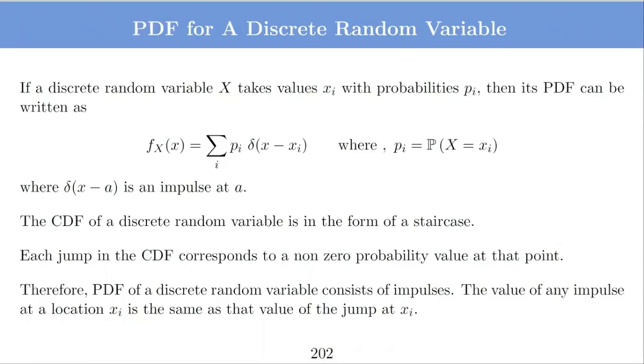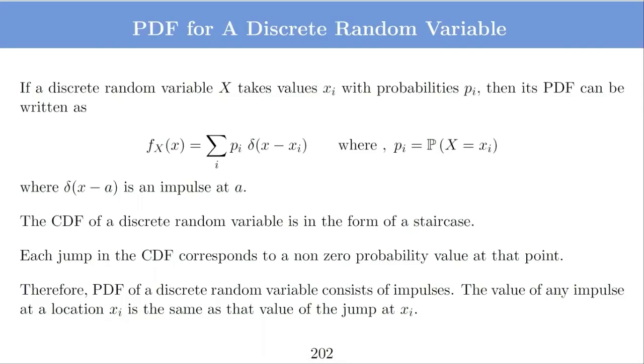And if you recall the definition of impulse, if you integrate an impulse over any interval which includes a, then the value would be 1. And if the set does not include a, then the value is 0. So this just means that if the set you are interested in includes xi, then you would have an additional probability of pi. So the CDF of a discrete random variable is in the form of a staircase.